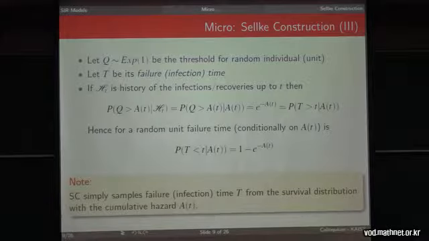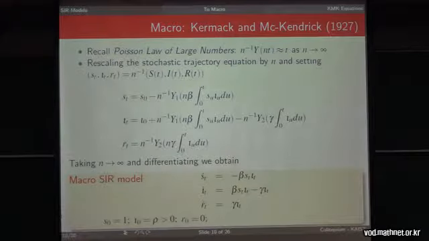So I would like to use this representation, not in the particular setting of 5 susceptibles, but in the situations when I have very, very large numbers of susceptibles. Okay, so when I will have a very large system. So let me briefly remind you what happens in very large systems. We have, in general, the notion of the law of large numbers, which follows just from the definition of the Poisson process.